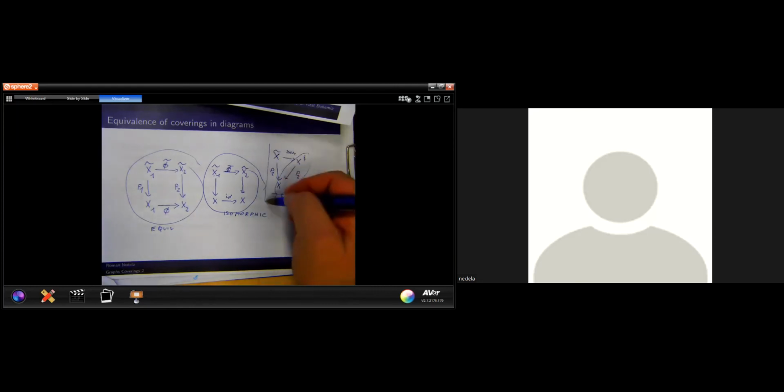So this statement says that the construction of the derived graph is universal, that you can model every covering using it.